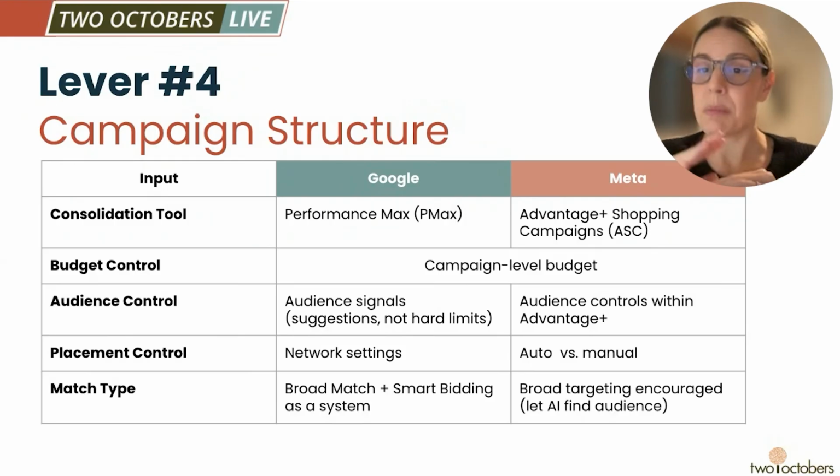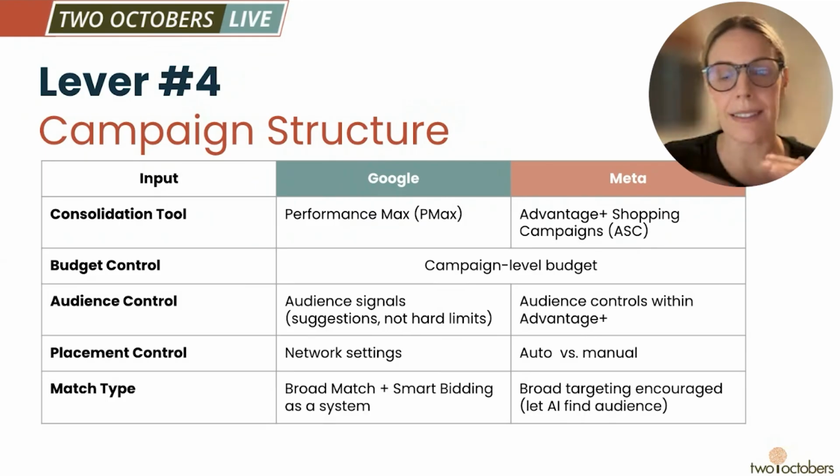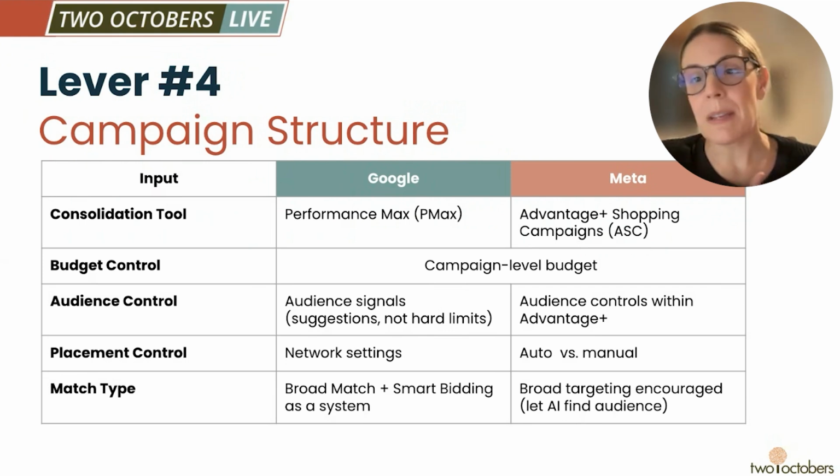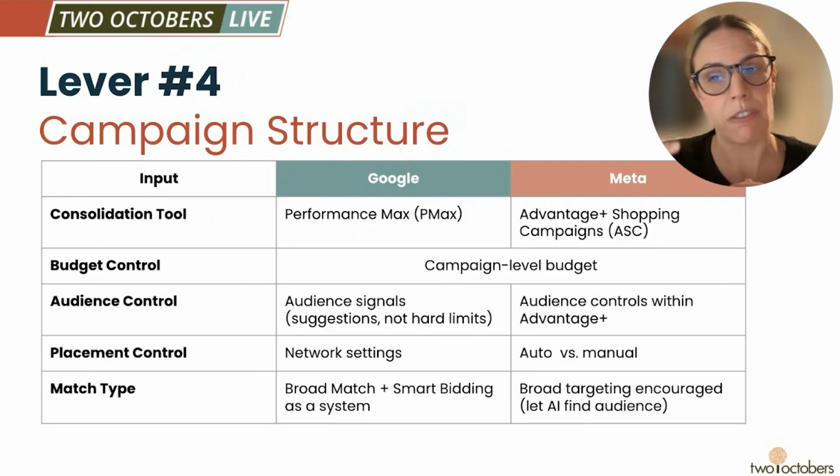This allows the platform to choose which ad set or which ad is going to get the best result, and that can help your overall performance. With placements, you can still have control on both platforms, but it can sometimes be limited depending on how much you want the system to take control and find the most efficient or most affordable placement for you.